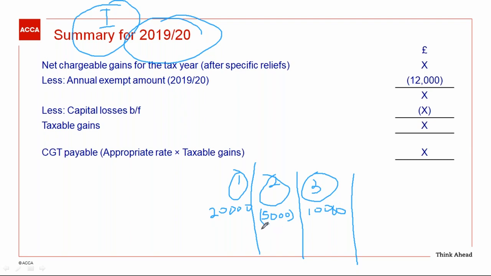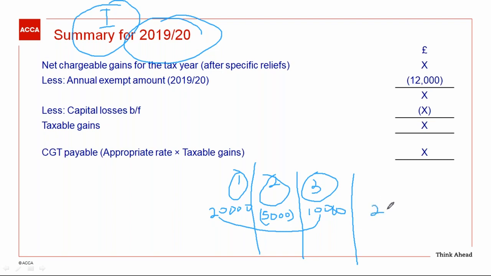Then what you should do is, there is a current year capital loss that must be set off against the other chargeable gains. So if there is a current year loss, the maximum possible amount must be set off against the chargeable gains in the same year. So here you have 30,000 chargeable gains, and from that, the maximum possible current year loss must be set off against that 30,000.